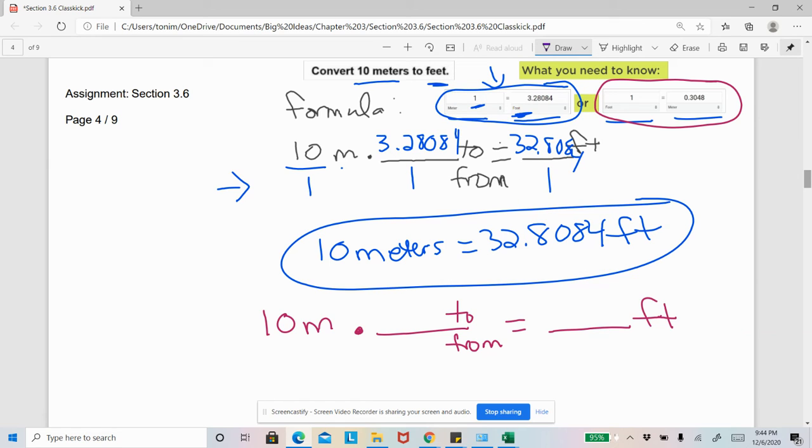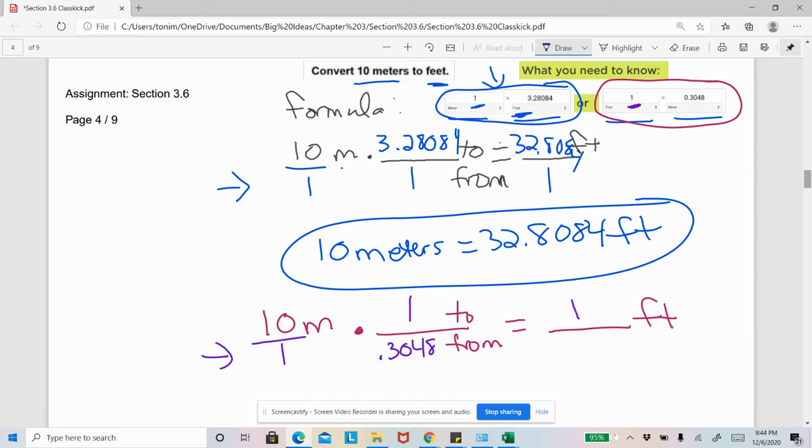Okay, so what are we converting to this time? We're converting to feet, still feet. This time feet is 1, so we're going to put it as a 1. What are we converting from? Meters. Meters is 0.3048, and then we're going to put it over 1. Now, if you look, the denominators are not both 1, so that's telling me I'm definitely dividing at the end.